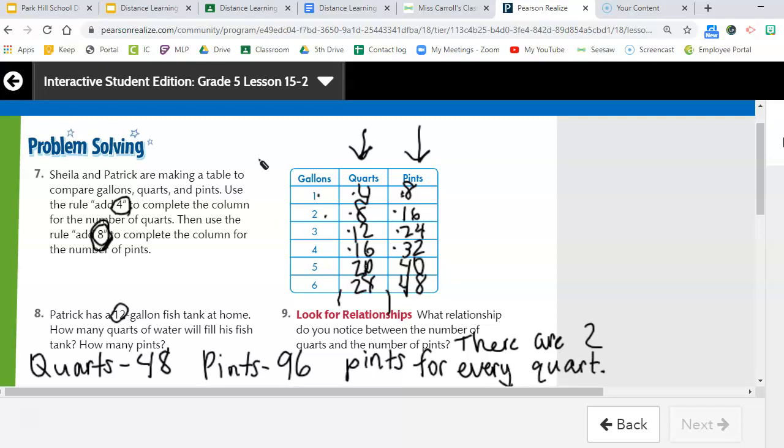Period. Okay, so 2 pints, there's double the amount. 8 is double 4. 16 is double 8. 24 is double 12. Okay? Use these examples to help you on your practice problems today.